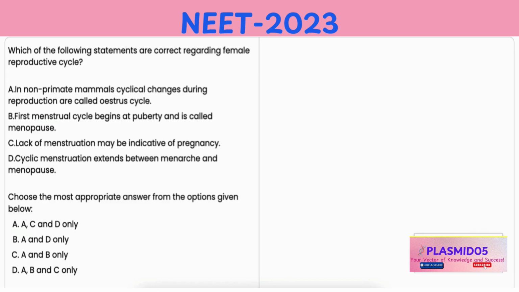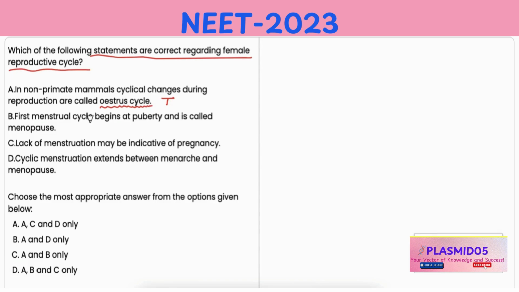In this question, you have to choose the correct statement regarding female reproductive cycle. Statement A. In non-primate mammals, cyclical changes during reproduction are called estrous cycle. Now, it is correct. In non-primates, the cyclical changes during reproduction are indeed called the estrous cycle.